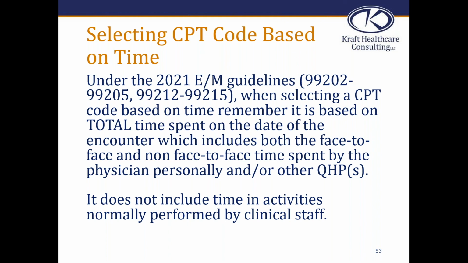According to AMA, the key elements addressed regarding time, we go back to that word I've used throughout the presentation, was ambiguity. You know, what is the exact increment of time I can move to the next level of code? Which elements of my visit can be included as a part of my E&M, and which should be reported separately or not at all?